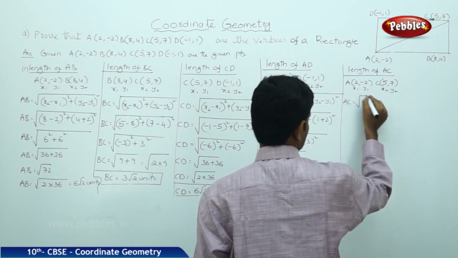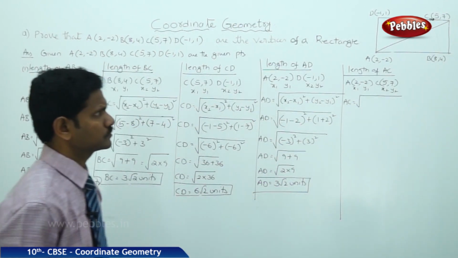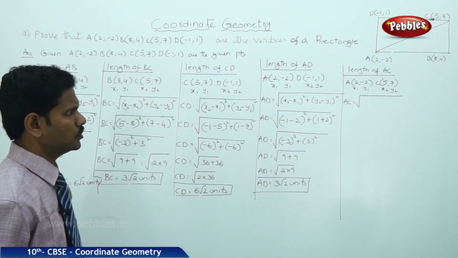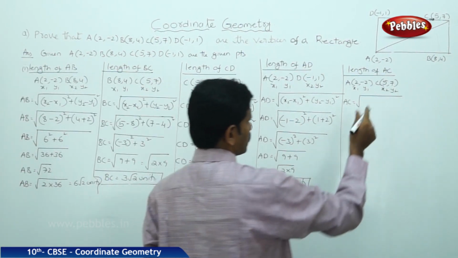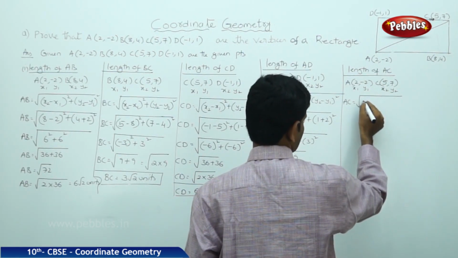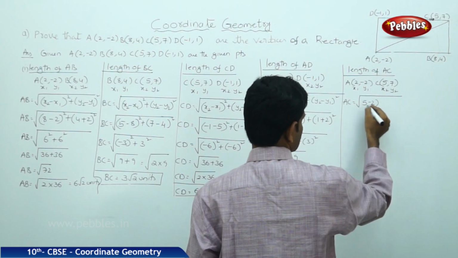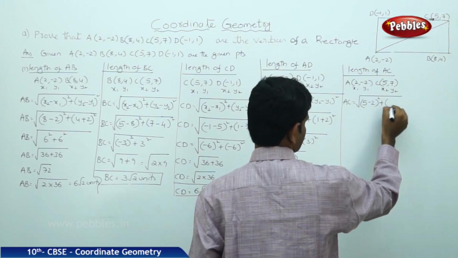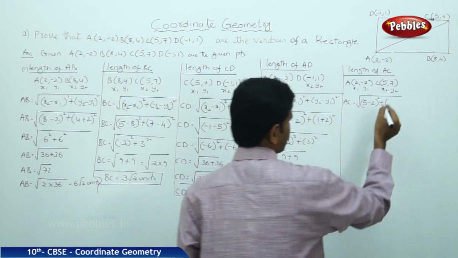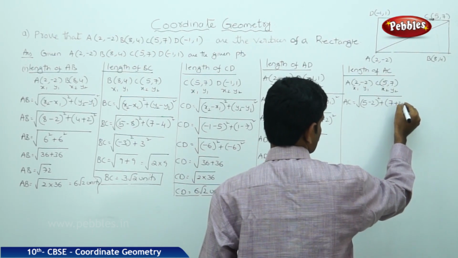AC is equal to root over x2 minus x1, 5 minus 2 whole square, plus y2 minus y1, 7 plus 2 whole square.